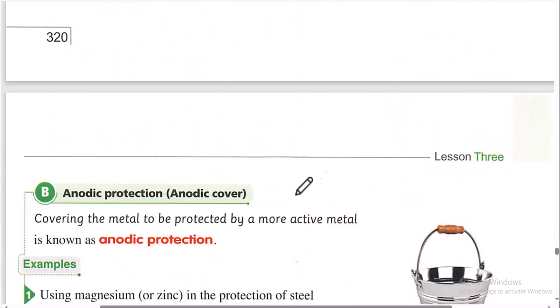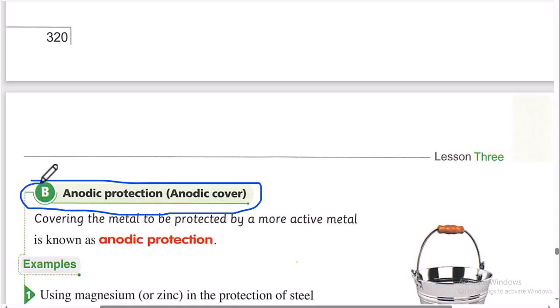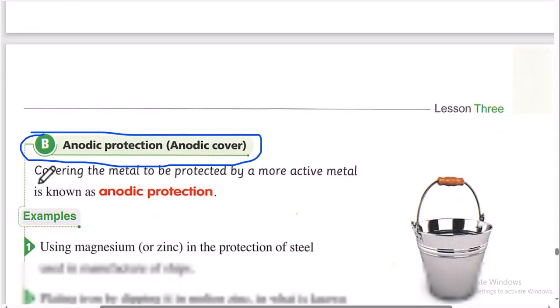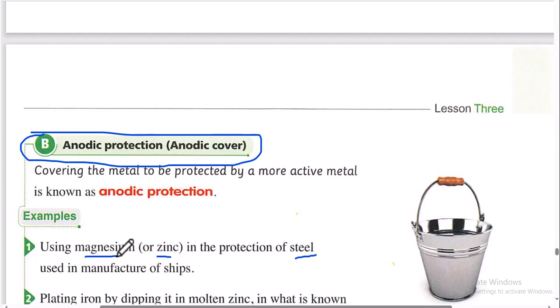So another way is to cover the metal with another, more active metal. It is an anodic protection, like covering steel or iron with zinc or magnesium.